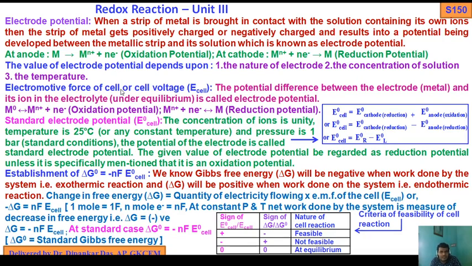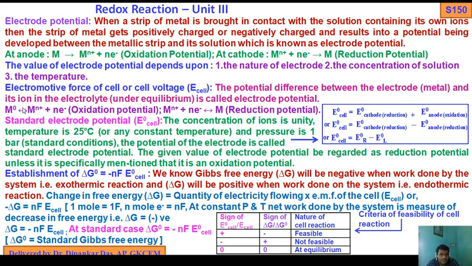Electromotive force of a cell, or cell voltage. What is the EMF? The potential difference between the electrode metal and its ion in the electrolyte under equilibrium is called electrode potential.